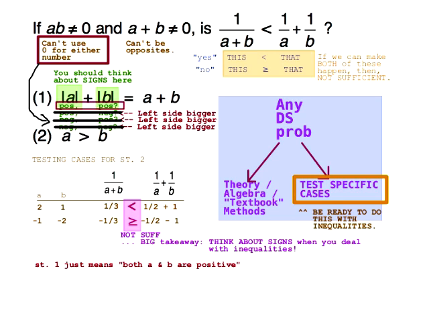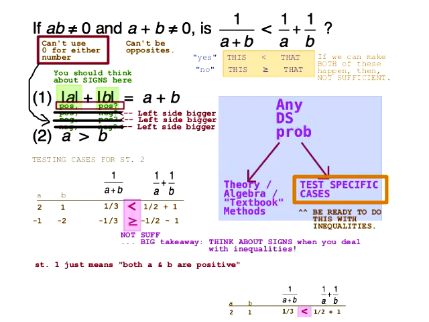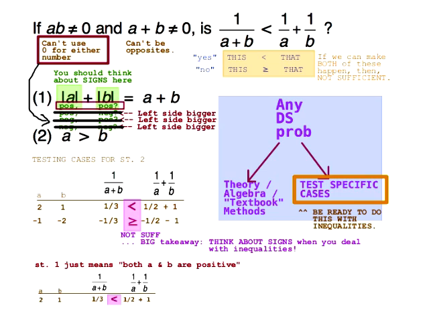You can start out with testing cases. You can start with the same sort of case that we had for statement 2. You can actually just import that first case. You can use 2 and 1. What's going to happen if we try other cases?